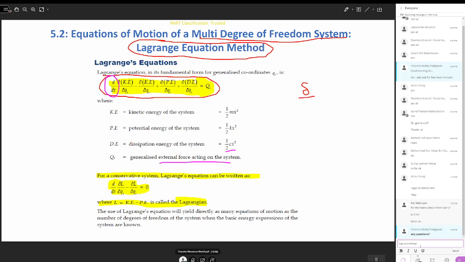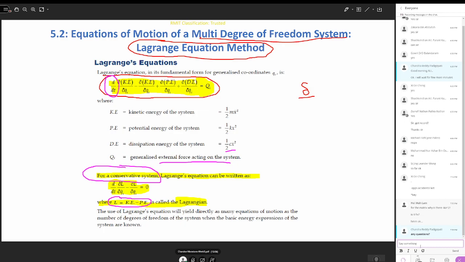You can also write this for a conservative system, where there is no dissipation energy. Then you can write the Lagrange's equation using a Lagrangian. You can take L as the difference of kinetic energy and potential energy. So Lagrangian L is Ke minus Pe, kinetic energy minus potential energy.